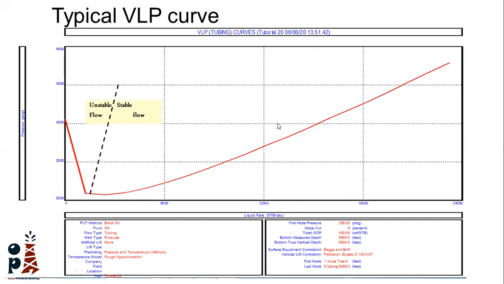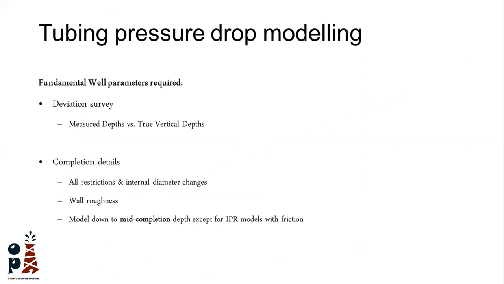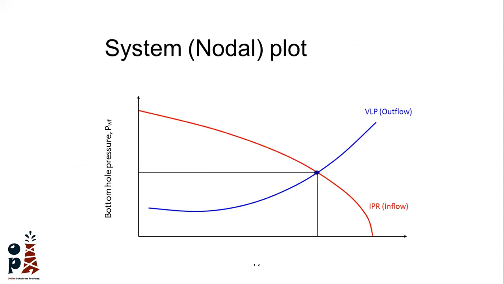So now I know about the IPR curve and how to draw it, and the same here, I know about the VLP and how to draw it. And logically, for the pressure drop to be drawn through the VLP, I need to know the deviation survey, I need to know the completion details, the tubing size, any diameter change, any wall roughness, and this is getting me into the final product, which is the system plot or the nodal plot.